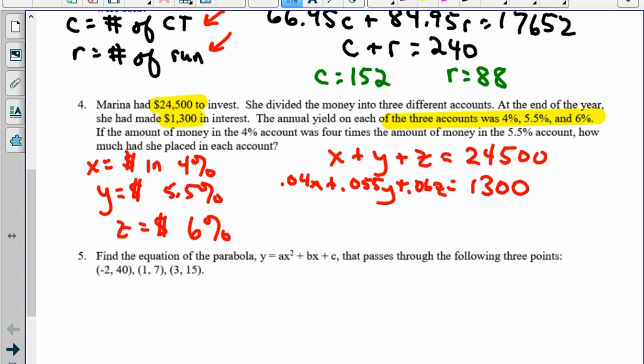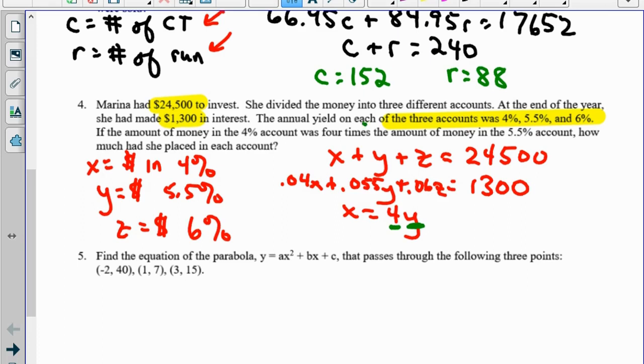And then the final equation is that we know that the amount of money in the 4% account is 4 times the amount of money in the 5.5% account. That means x equals 4y. Because if I take the amount of money in the 5.5% account, which we don't know yet, and multiply it by 4, I'm going to get the amount in the 4% account.